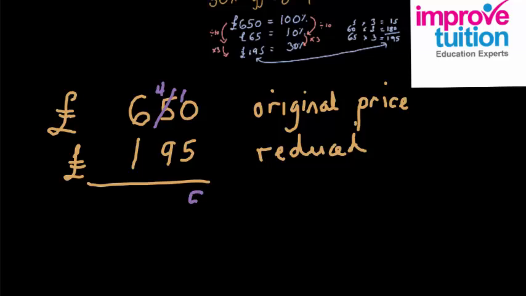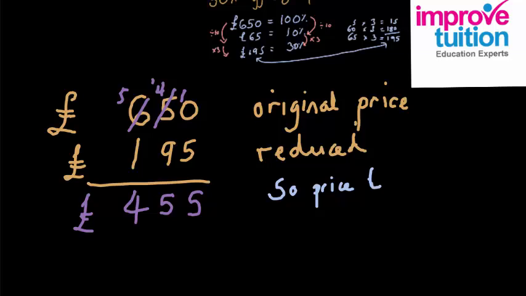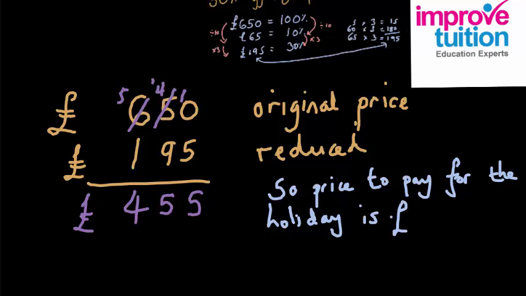So the new price after the reduction is £455. So the price to pay for the holiday is £455. So if a holiday costs £650 and it was reduced by 30%, the reduction was £195, and the new price is £455.